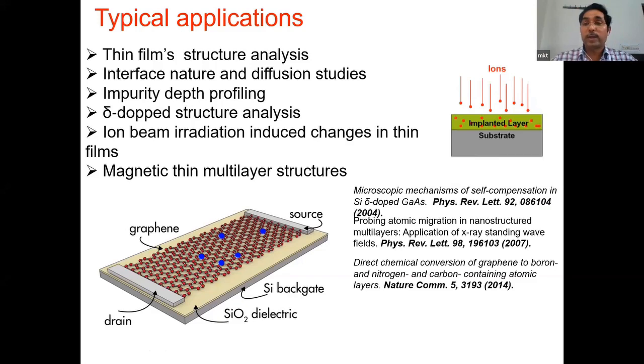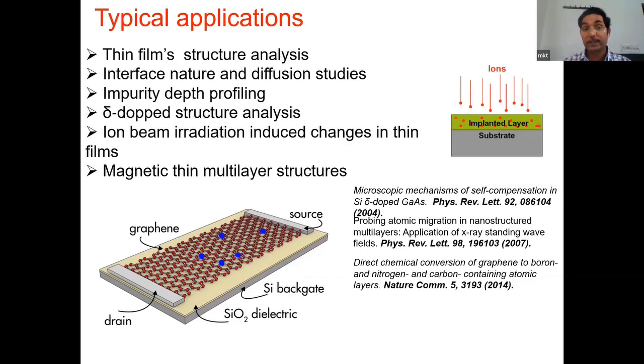Ion beam irradiation: if you irradiate a metallic thin film sample with ions, you can see whether the structure of the thin film is changing, whether the surface interface is changing, or whether the two layers are mixing. So basically, ion irradiation induced changes you can analyze.